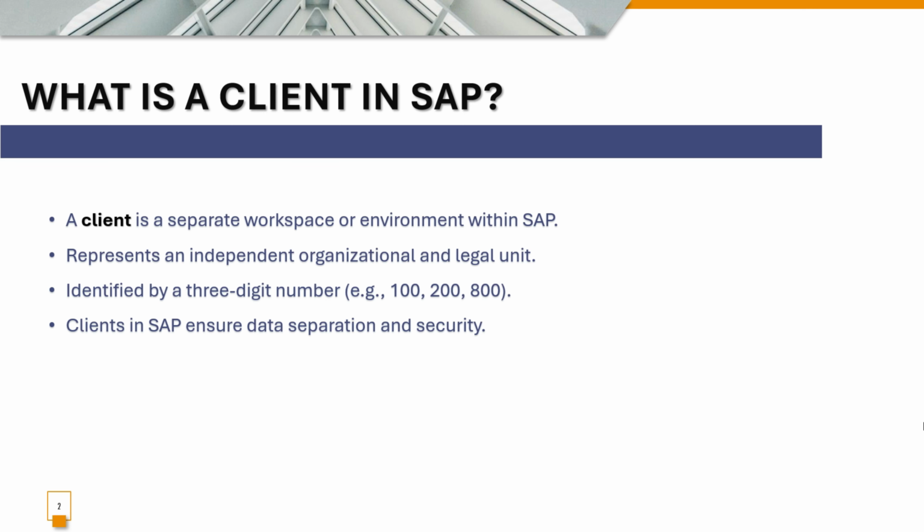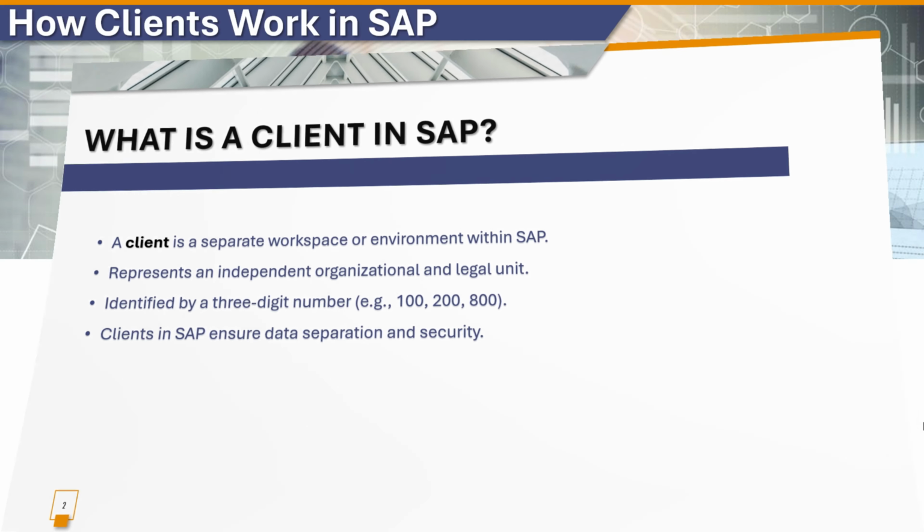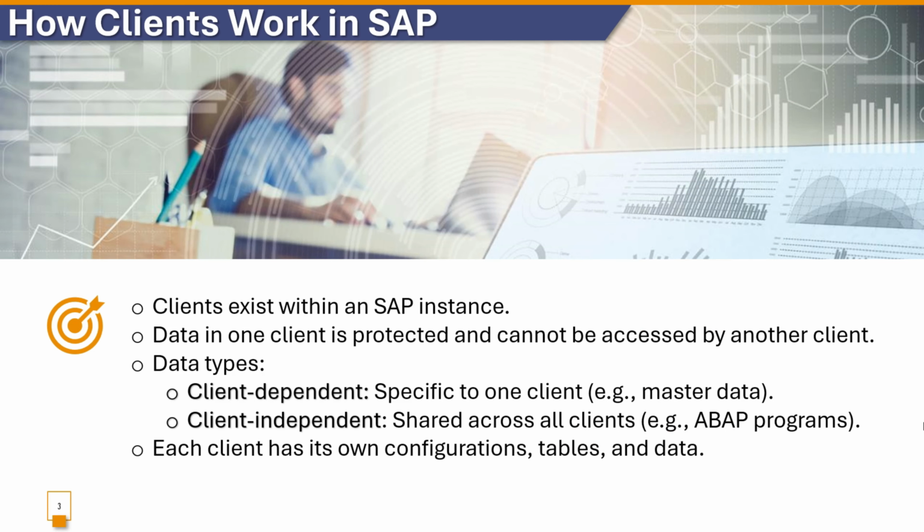Now let us understand how a client works in SAP. Each SAP instance can have multiple clients, as I said earlier, and the data in one client is protected from others. There are two main types of data in SAP: client dependent data and client independent data.